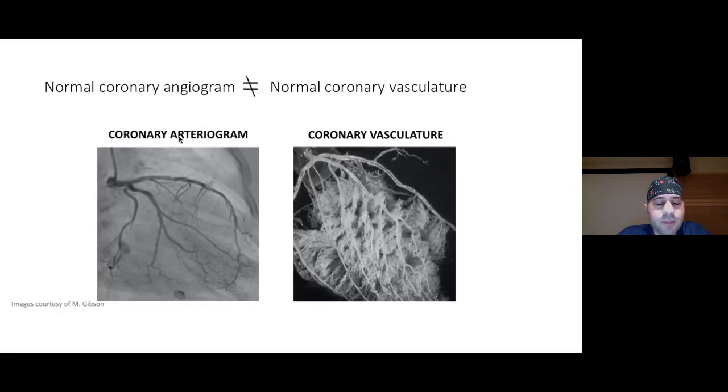So I'm going to try to prove today that a normal coronary angiogram does not equal a normal coronary vasculature. This is because when we do a coronary angiogram, we're only looking at 5% of the coronary tree. We're only looking at the epicardium. Whereas if you look at the image to the right, you see the coronary vasculature after a cast mold has been done, and we're not seeing all the microvasculature related to the coronary arteries.